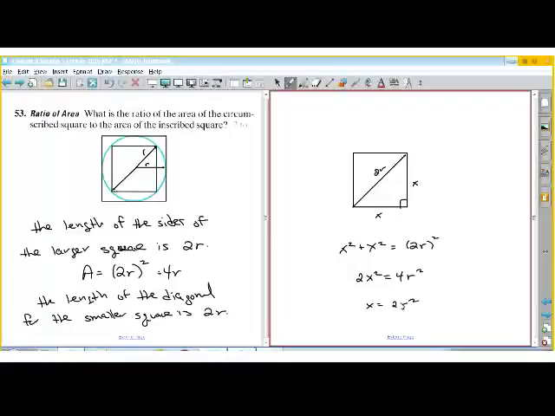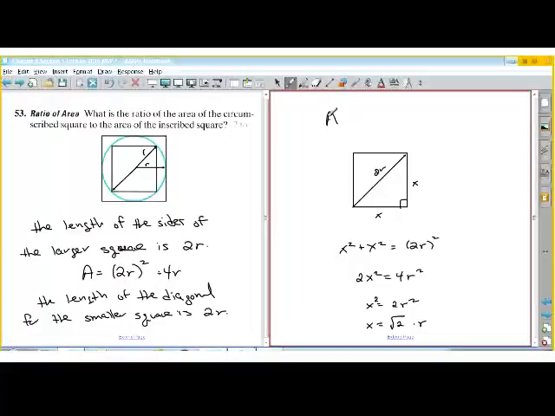So we'll divide both sides by 2, so x squared is equal to 2r squared. Take the square root, and you get x is equal to the square root of 2 times r. So you take the square root of each term in the product. The square root of 2 is the square root of 2, and the square root of r squared is r.